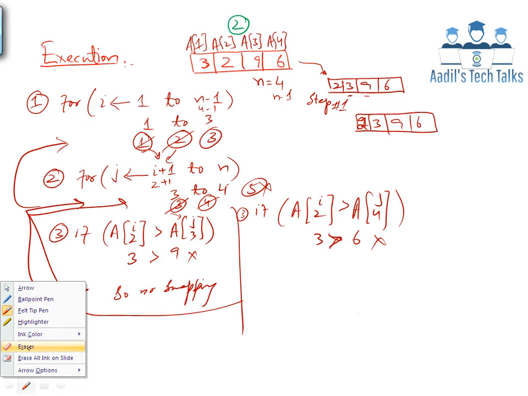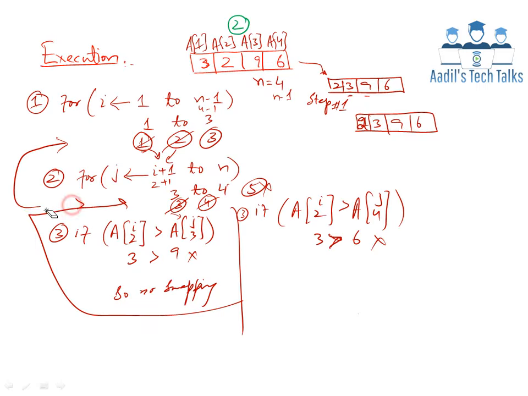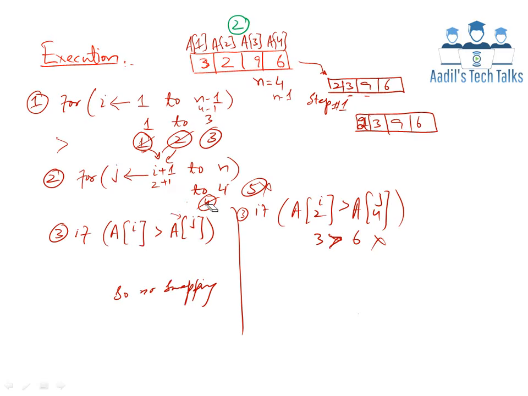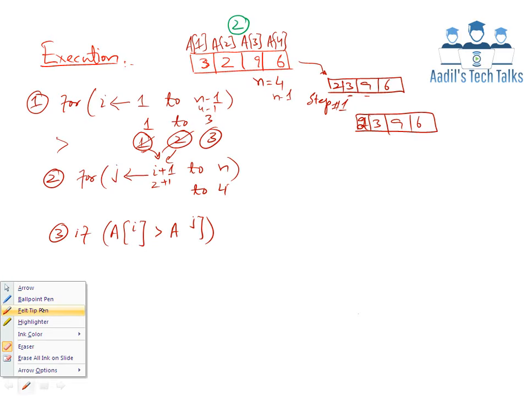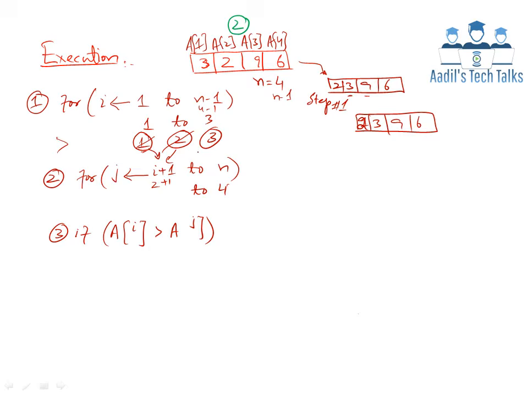Now the next value of i is 3, so the next value of j will be i plus 1 to n. Next value is 3, 3 plus 1, 4 to 4.